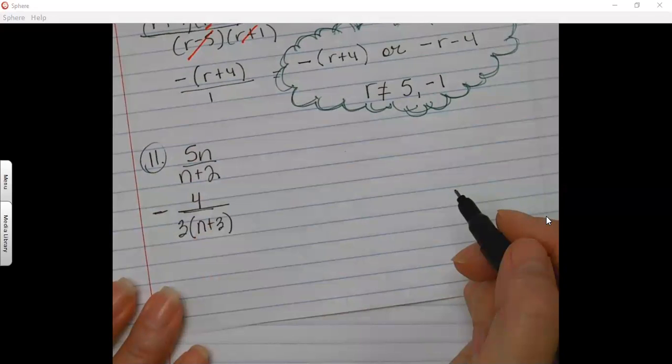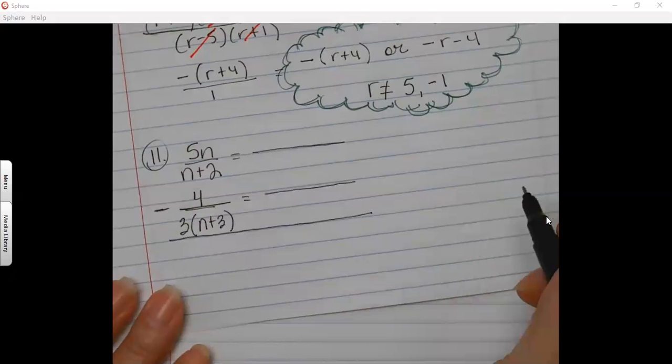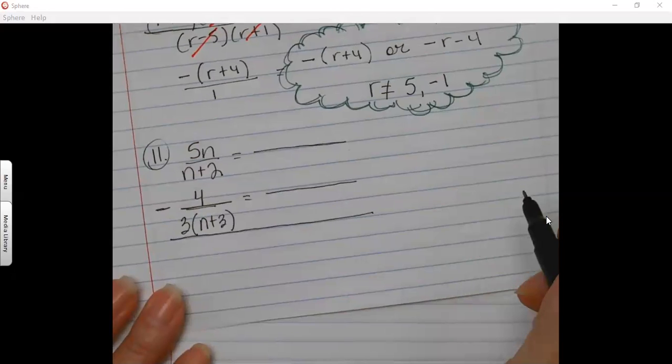So I've got 3 factors here. 3 is a factor, n plus 3 is a factor, n plus 2 is a factor. What's my least common denominator? What's the monomial of my least common denominator? 3. And then I'm going to need an n plus 2 and an n plus 3, right?